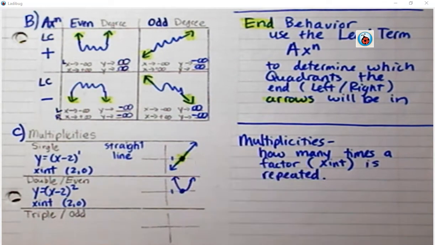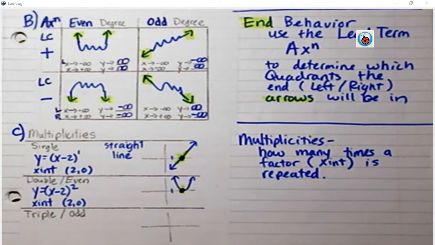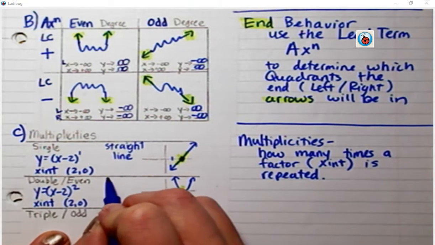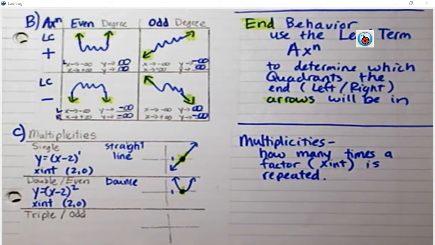Keep in mind, we are looking at the x-intercepts to see what it looks like graphically. It looks like a bounce, right? It looks like it touches the x-intercept and bounces right back off of it.